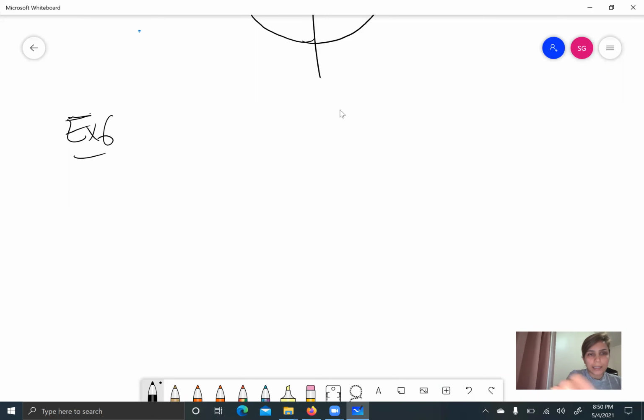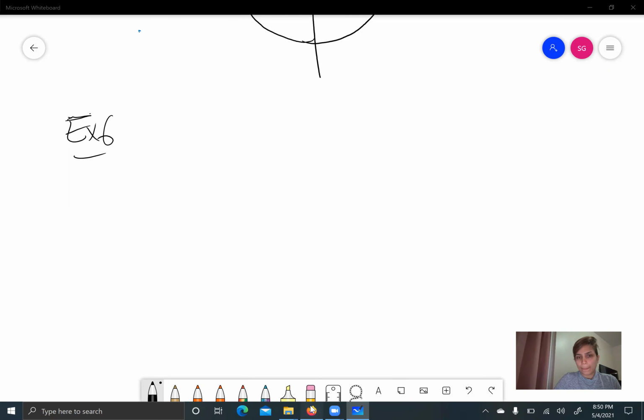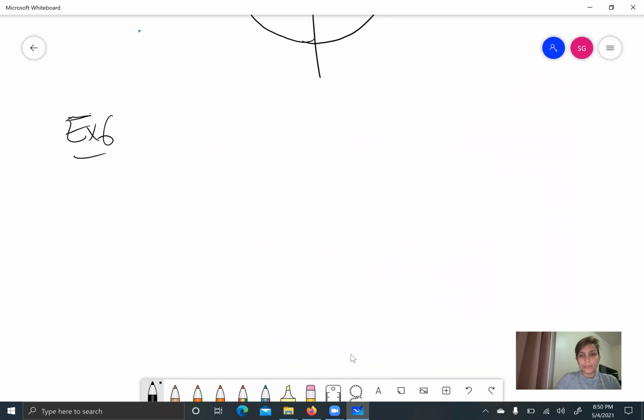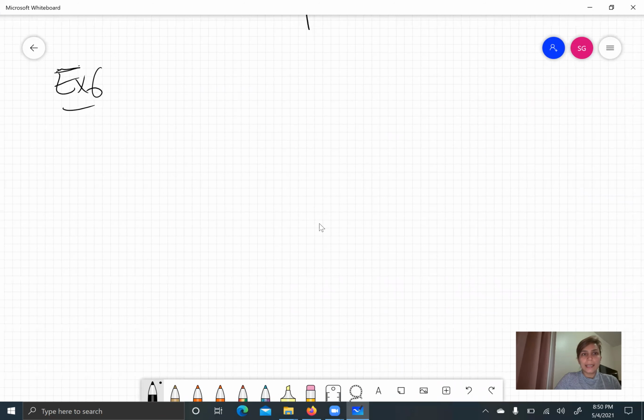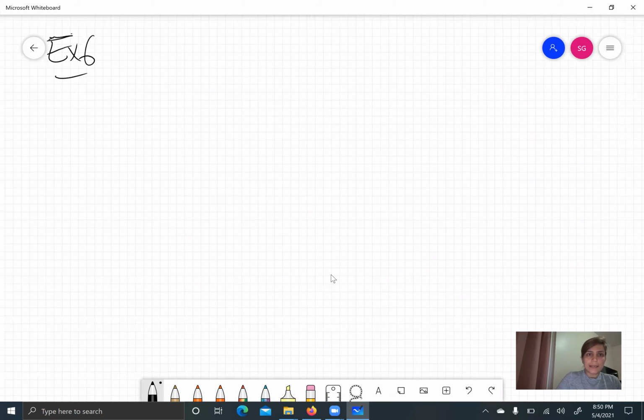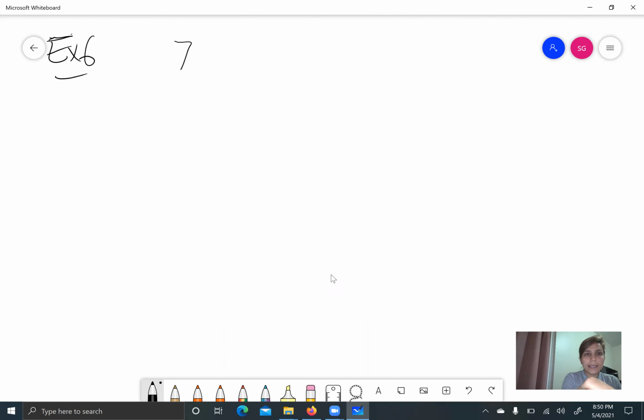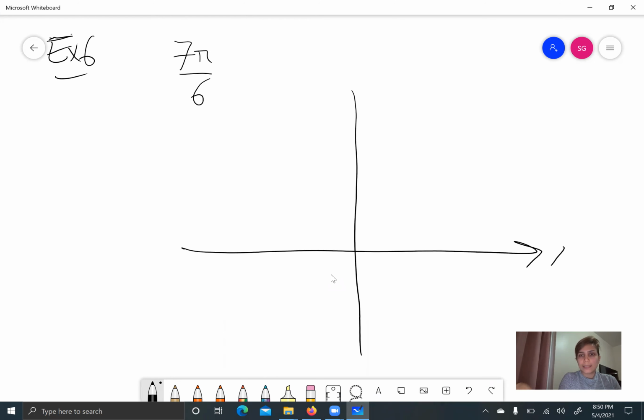So let's practice this one. Example 6, yes, 7 pi over 6. So the angle here is 7 pi over 6. Let's first see where this is. x-axis, y-axis, unit circle.